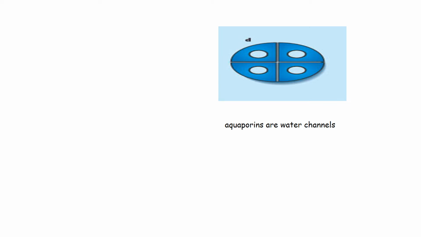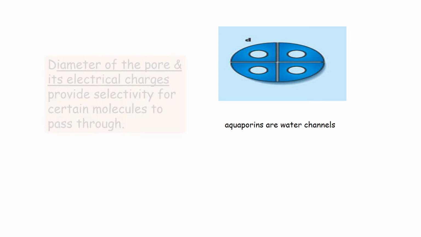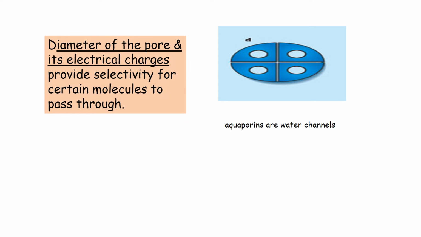Here we see aquaporin, which is an example of pores. Aqua means water, so these aquaporins are basically the water channels, or they allow for the diffusion of water through them. They are highly selective for water, and this selectivity is because of the diameter of the pore and presence of electrical charges, which provide selectivity for the molecules.